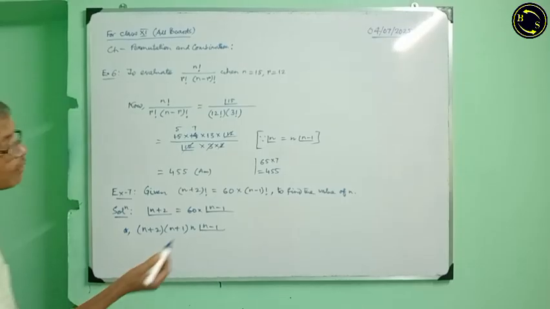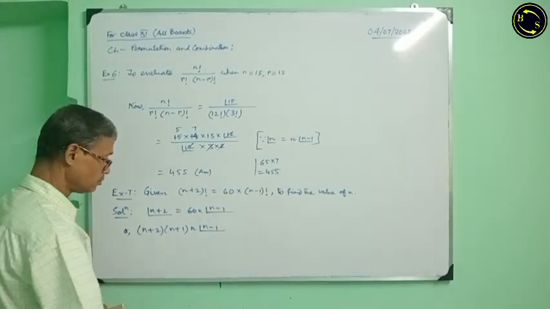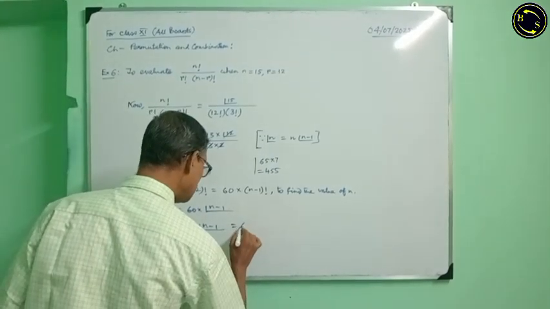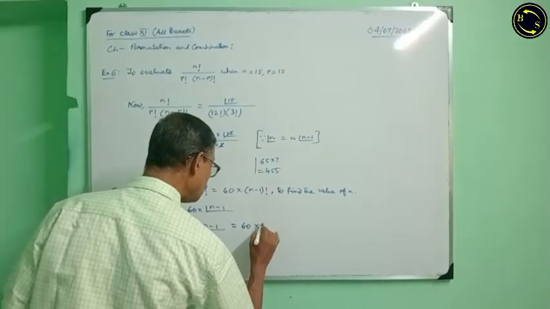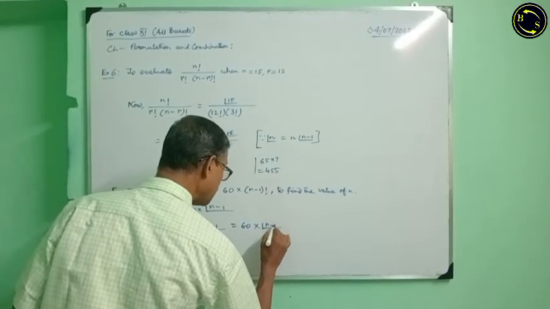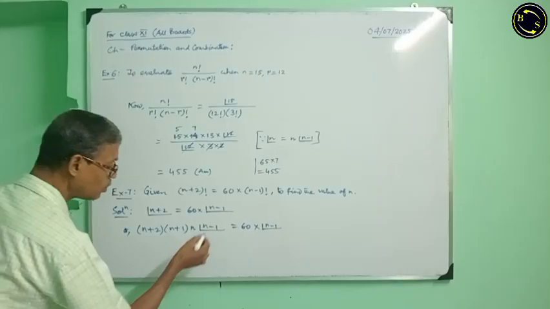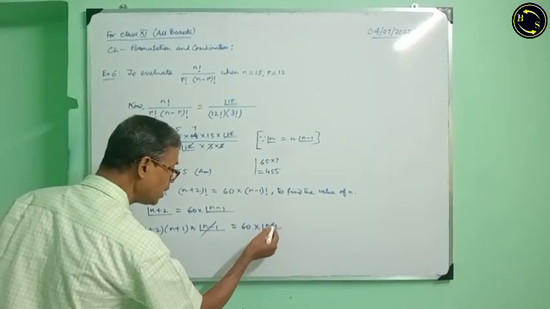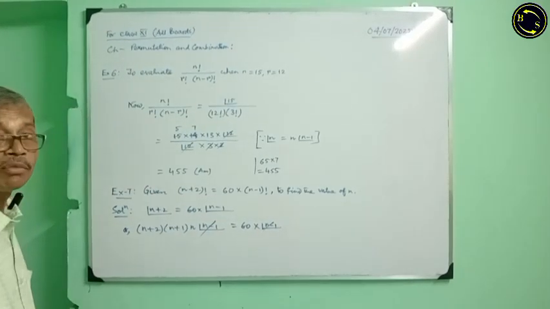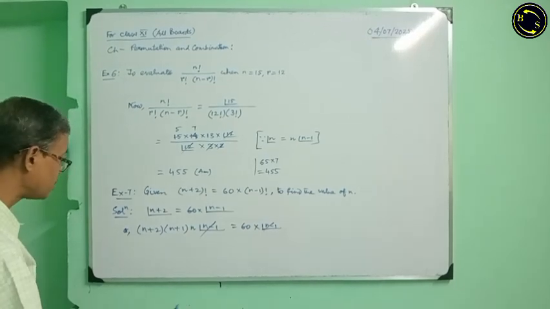I have used this formula, is equal to 60 into factorial n minus 1. Now you see, we can cancel easily n minus 1 factorial from both sides.